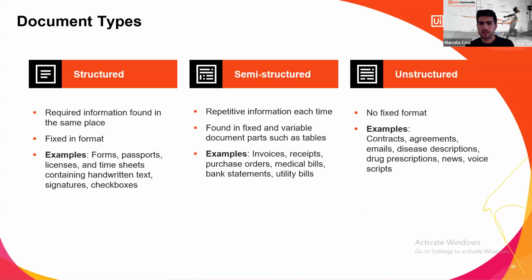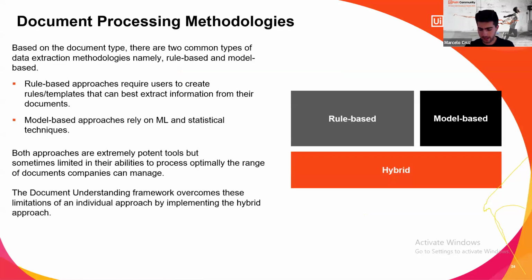And then we have the semi-structured. These are documents that usually share the same core data across them. However, the layout of these documents might change from document to document. An easy example is invoices.